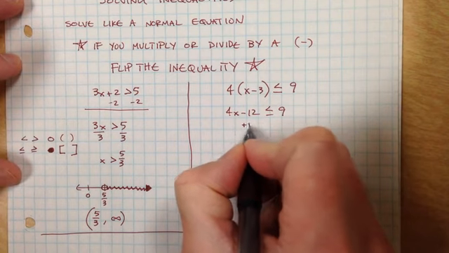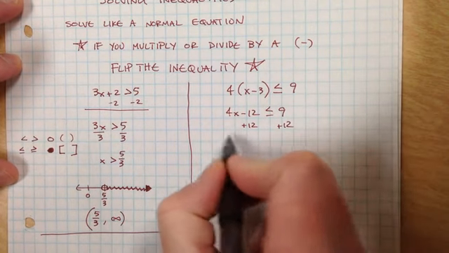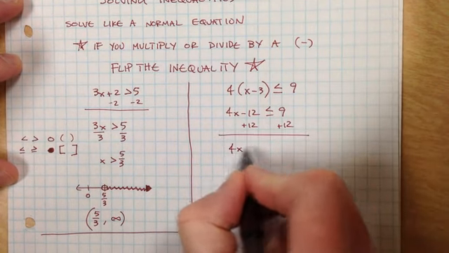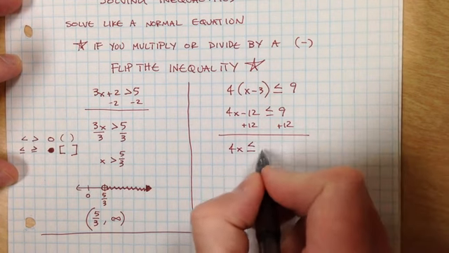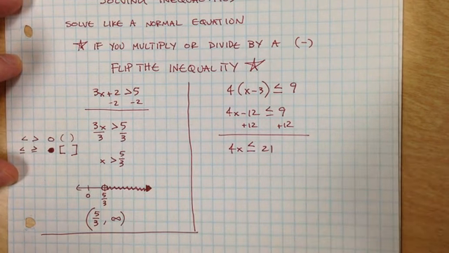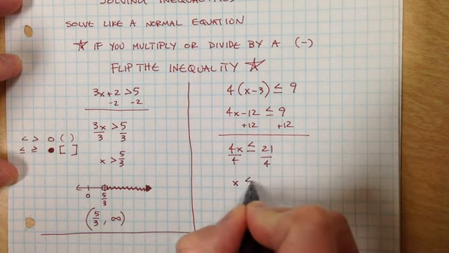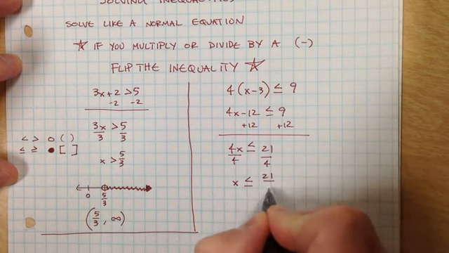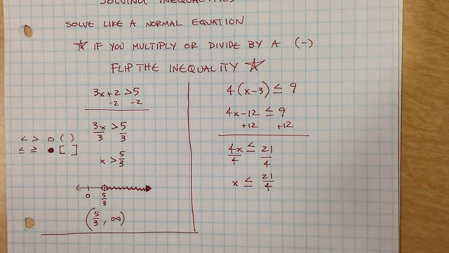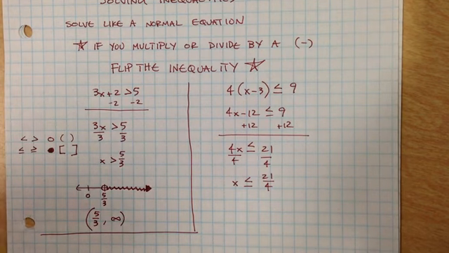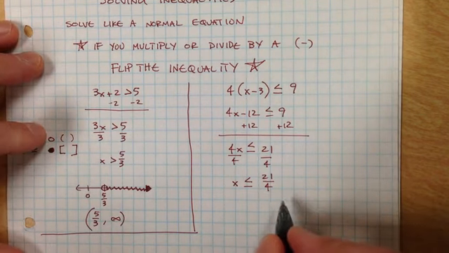Then we will add 12. 4x is less than or equal to 21. Divide both sides by 4. X is less than or equal to 21/4. So x can be 21/4 and it will be less than 21/4. Anything less than 21/4. So there's one form of the answer.